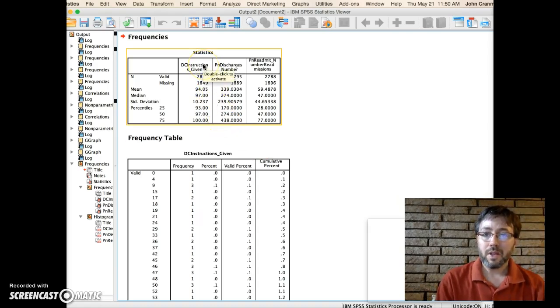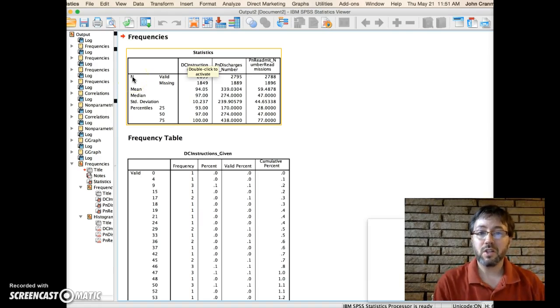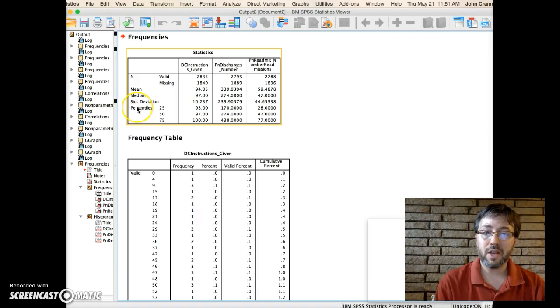So the way that we interpret the SPSS output is we're looking here at frequency, and in the statistics box, we're looking at N, which is the convention used to designate the number of observations we're looking at, mean, median, standard deviation, and percentiles.